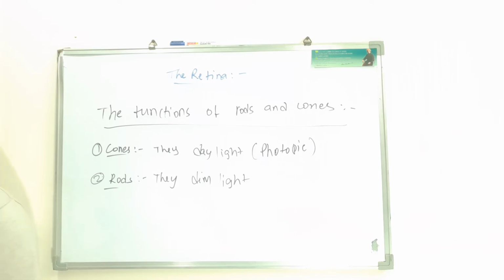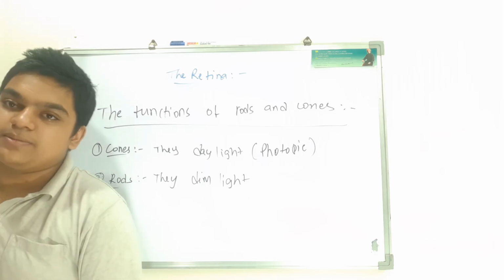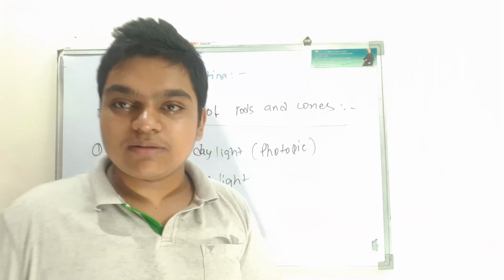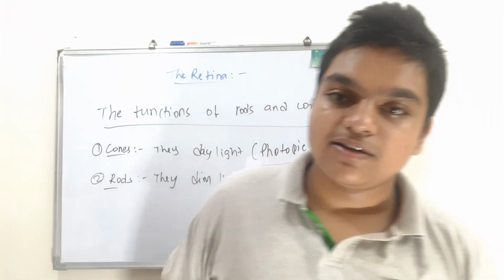These rods contain a red protein called rhodopsin or visual purple, which contains a derivative of vitamin A. Our eye possesses vitamin A, and that vitamin A is very important for our vision.